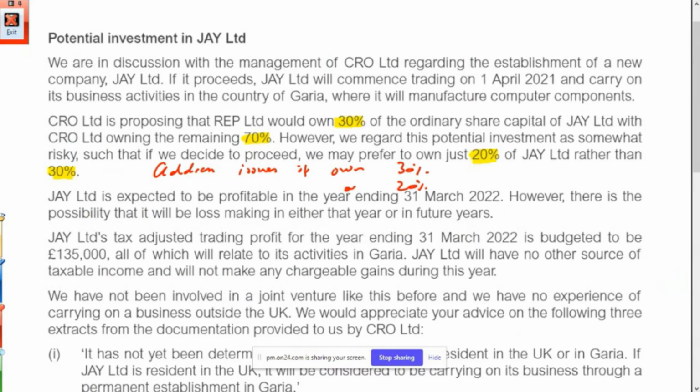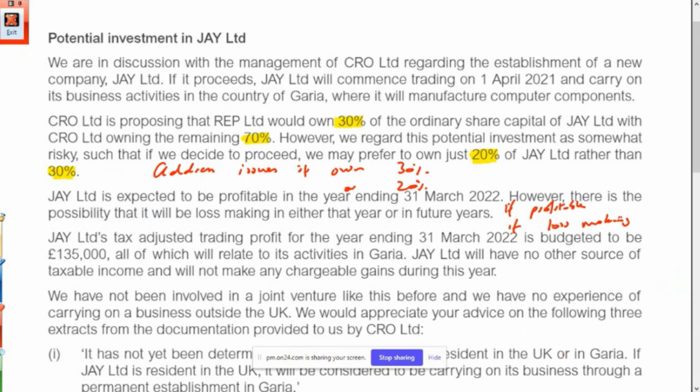Then it says J is expected to be profitable in the year end 31 March 22. However, it's a possibility it will be loss making. Okay, so we need to address what's the position if it's profitable and if it's loss making. Now, just to highlight this, this is the most difficult part of the question. So this is not easy, but I'm trying to show you a way to break it down and get marks out of it.